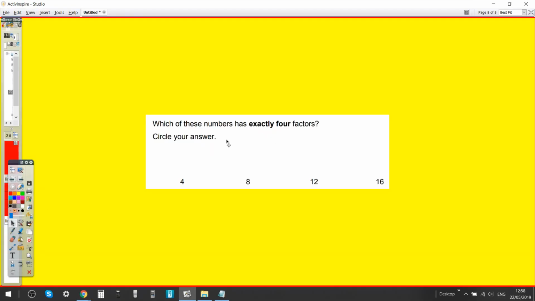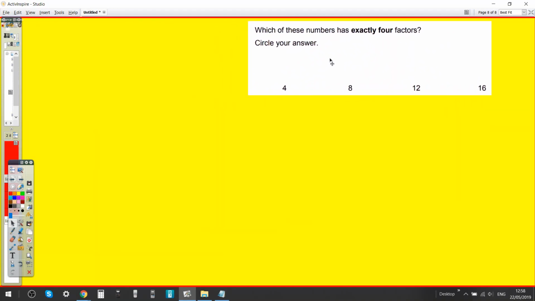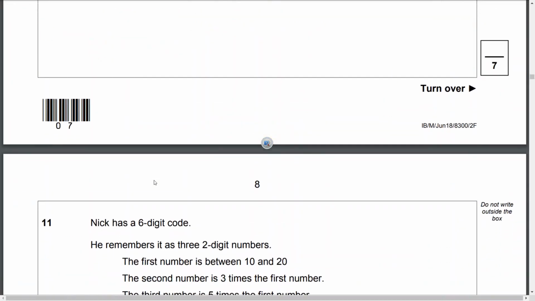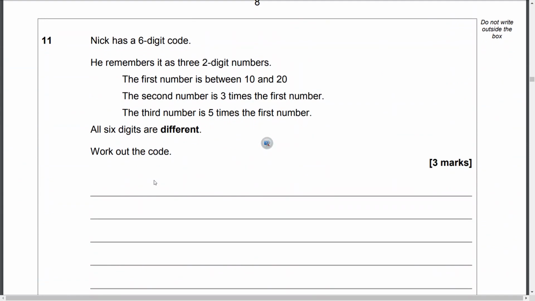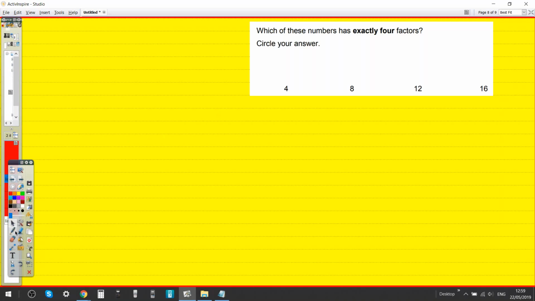Okay, how about this? Which of these has exactly 4 factors? So 4 has 2 factors. 8, so 2 times 4. I think list the factors of 4. 1 times 4, 2 times 2.